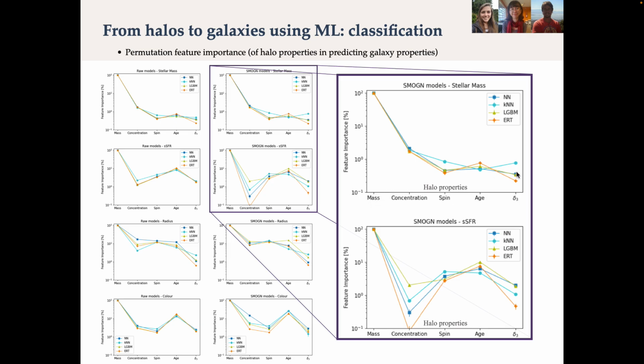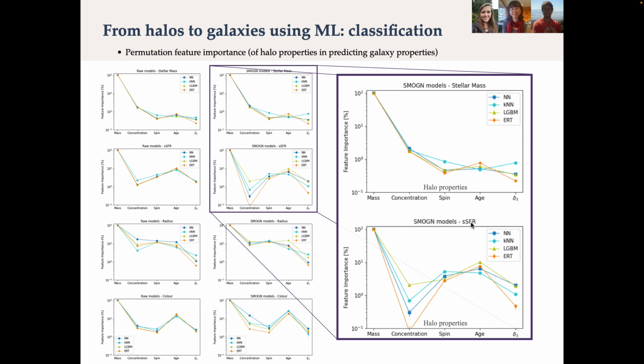They are 100 times less important than mass and significantly less important than concentration. That's for the stellar mass. And we know this for a fact because stellar mass has a high correlation with halo mass, especially, as you recall, since we're doing this for central galaxies. So this correlation is well known.